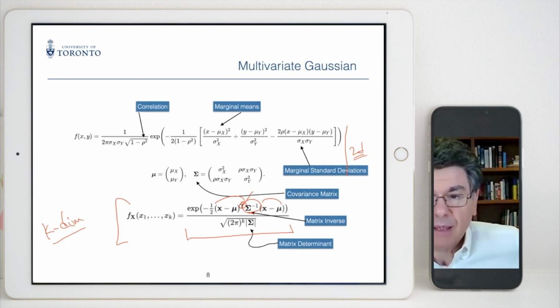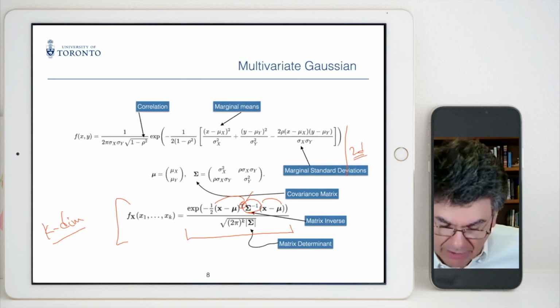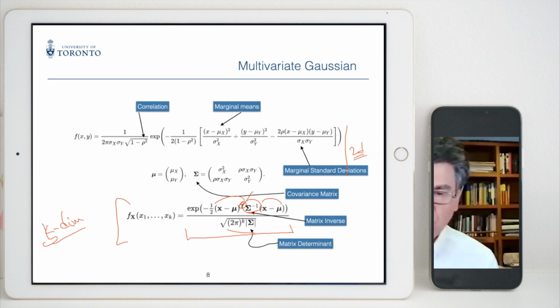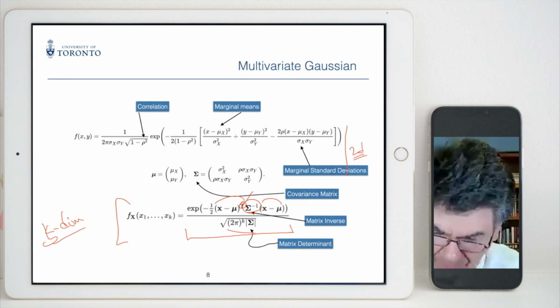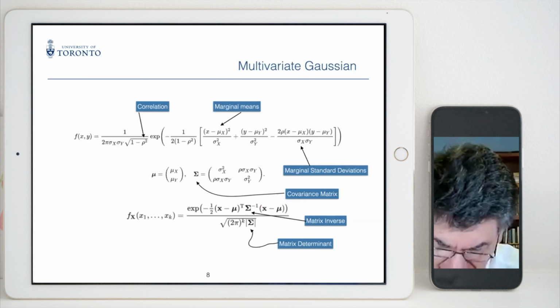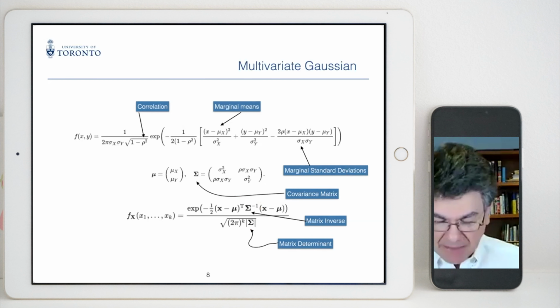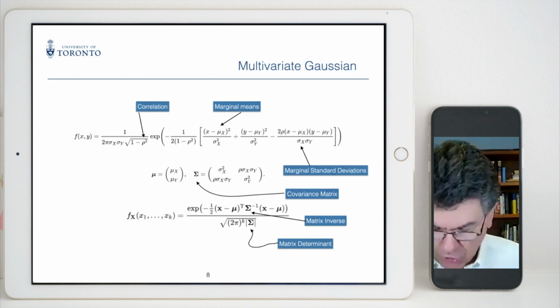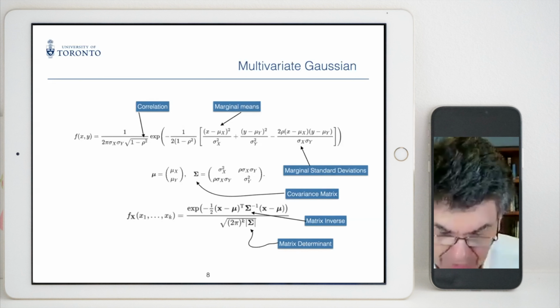Then we divide by 2π to the power k, where k is the dimension, times the determinant of that variance covariance matrix. So this is the Gaussian in higher dimensions. The Gaussian is going to be the basic element we're going to be using to do our early portfolio transformations. Okay.